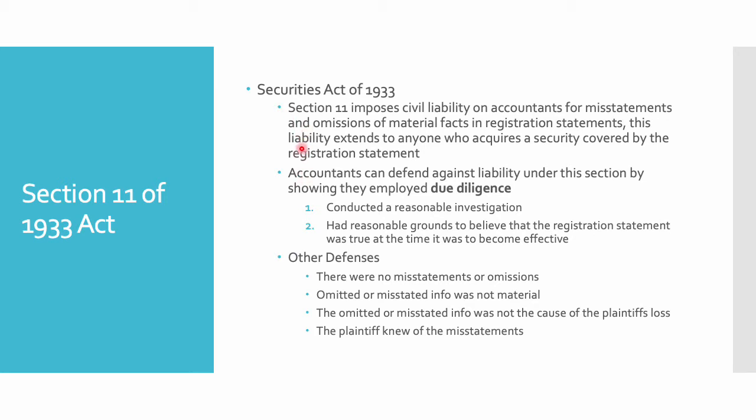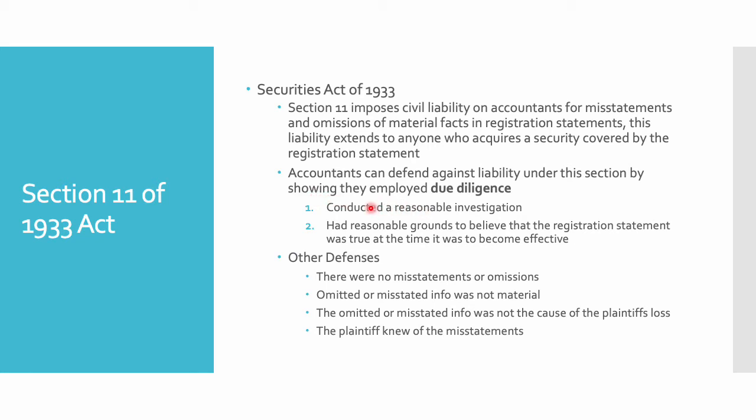The strongest defense that the accountants have when they are sued under Section 11 of the 33 Act is that they employed what we'll refer to as due diligence, which really is a standard of care. Right? The actions of the accountants were reasonable.